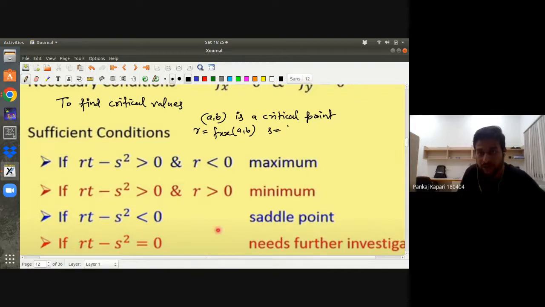S denotes the mixed partial derivative at (a, b), and T is the second partial derivative with respect to y at (a, b). Okay, we compute all these values R, S, and T, and if R is negative and RT minus S squared is positive, then at (a, b) the function attains its local maximum.